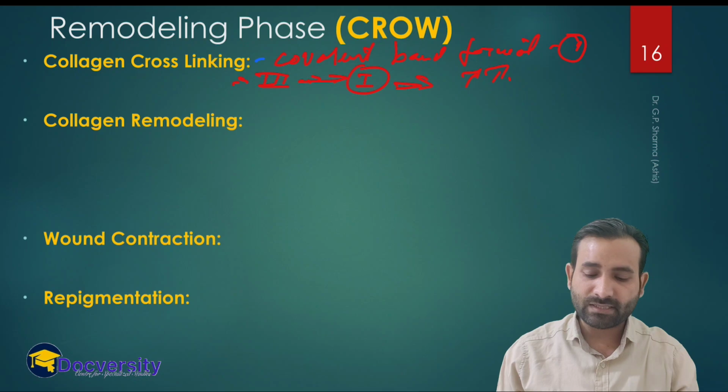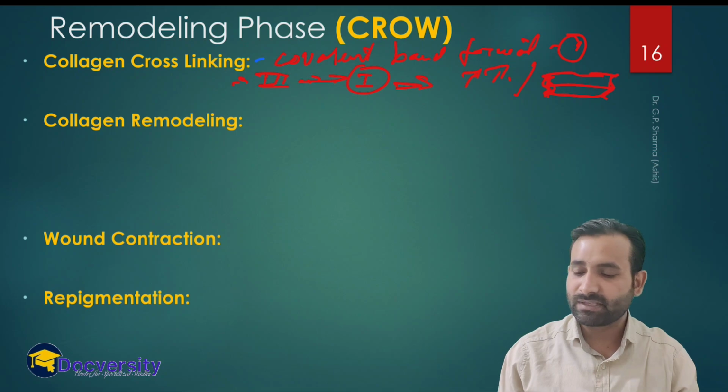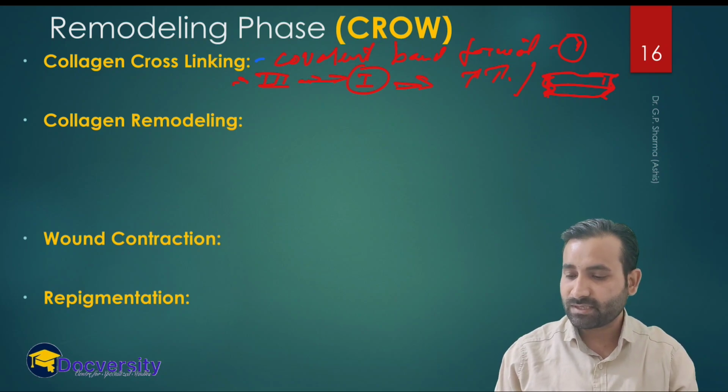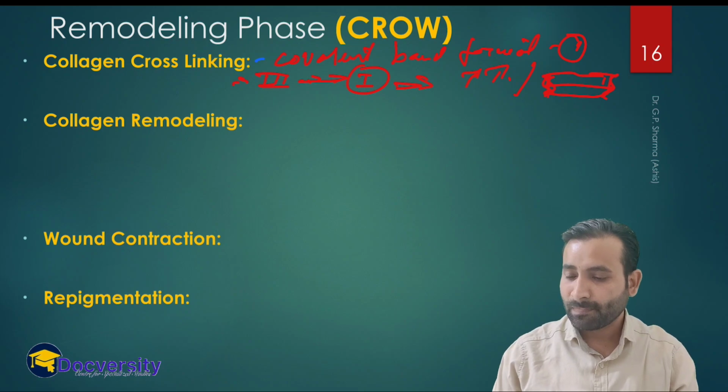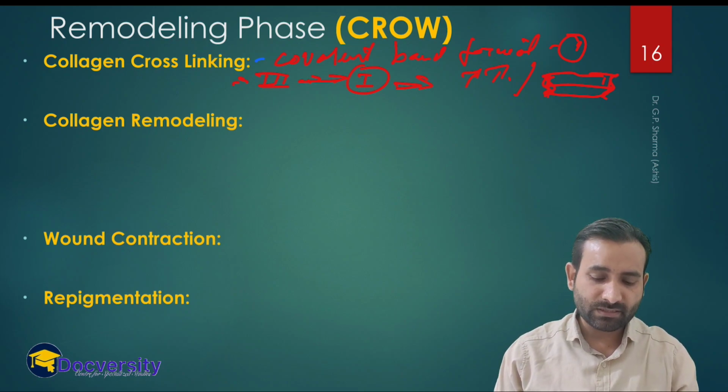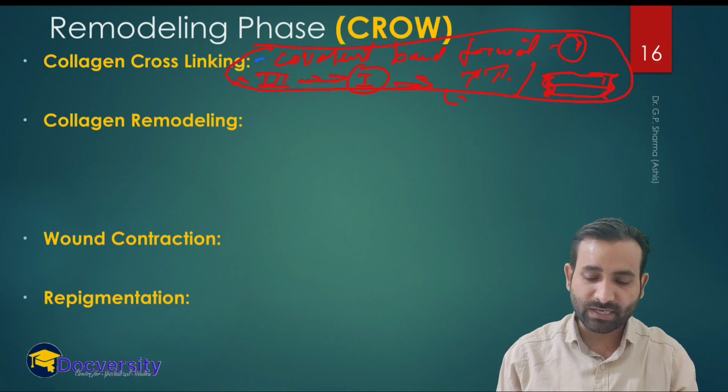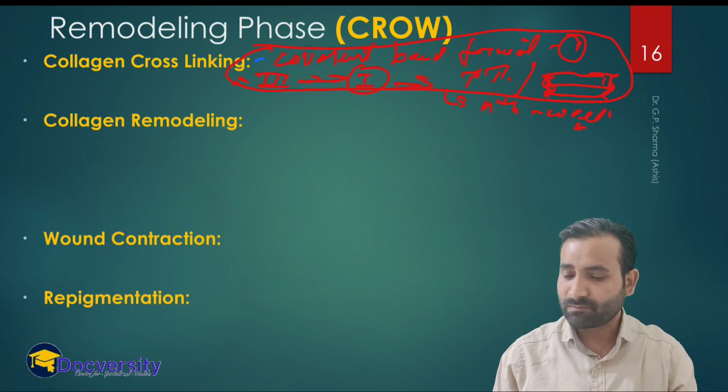And then the collagen begins to lie parallel to the line of tension. Is that okay? These things occur during the remodeling. And this cross-linking occurs at the fourth week. Which week? At the fourth week, please remember.